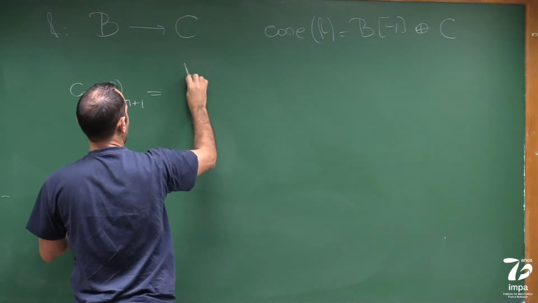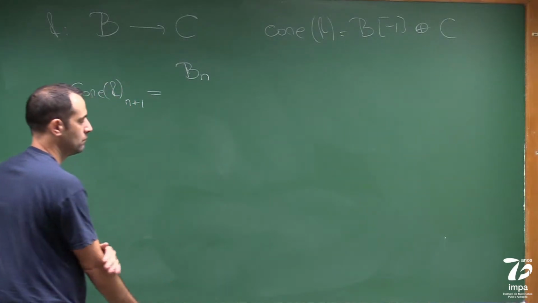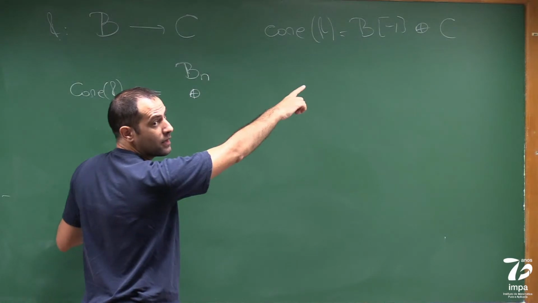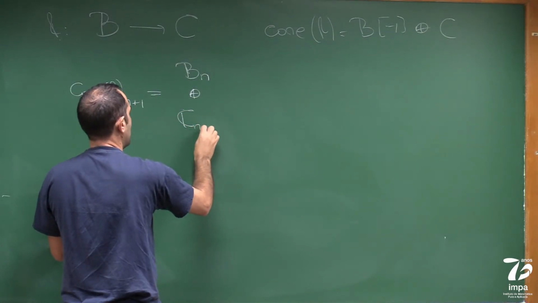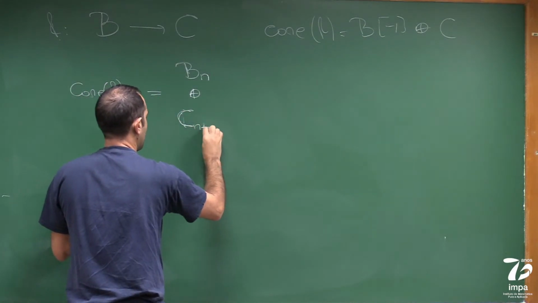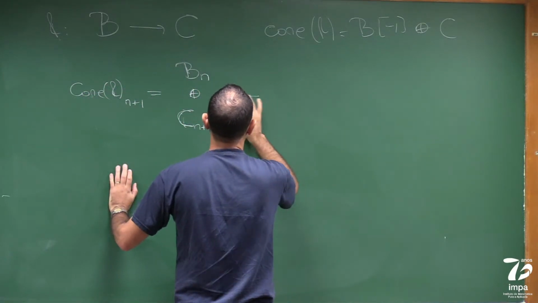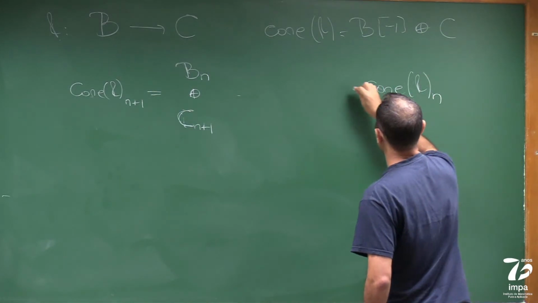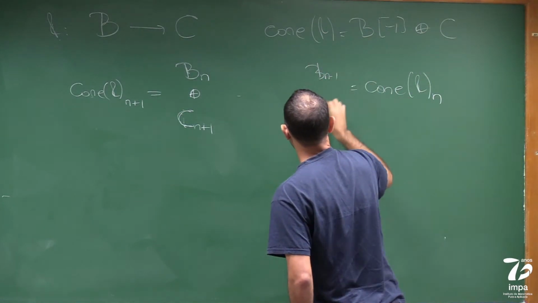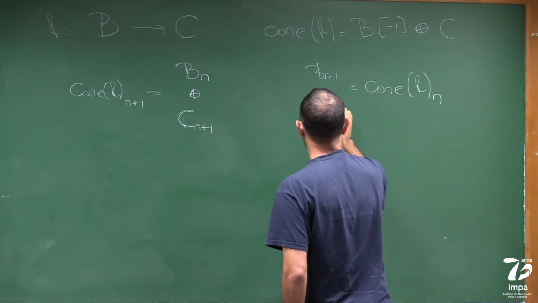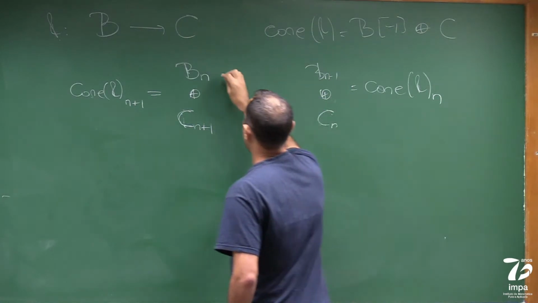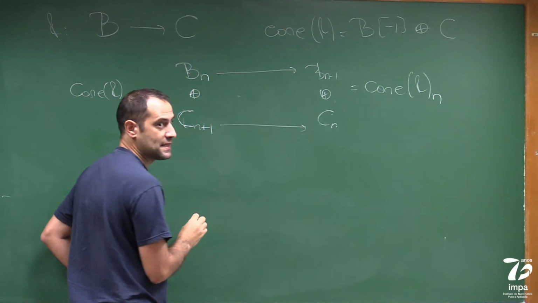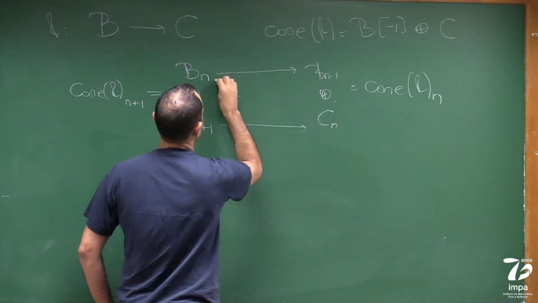So that's B n plus C n plus 1. And I want to map a differential from here to the cone of F n, which is B n minus 1 plus C n. And I clearly have a map here, which is the differential of B, and a map here, which is the differential of C. And I have a map from this to this, which is my F.